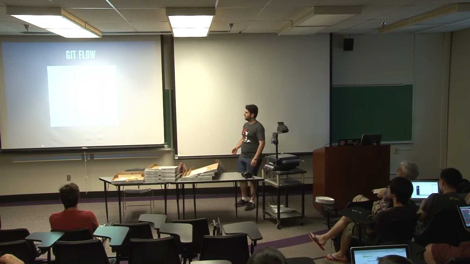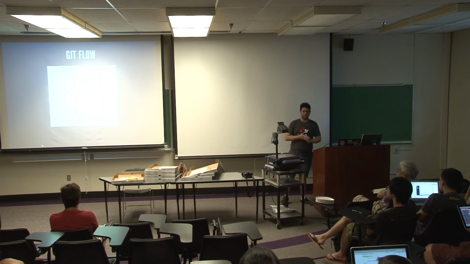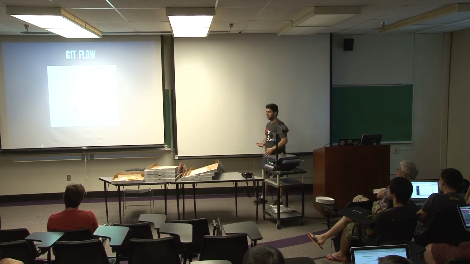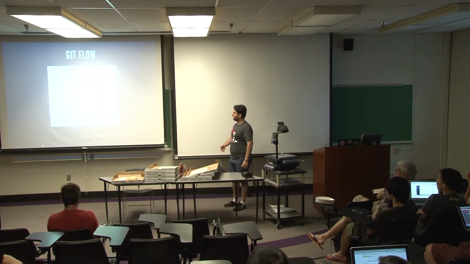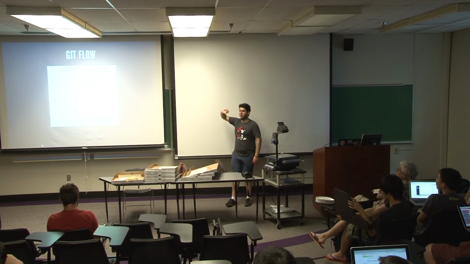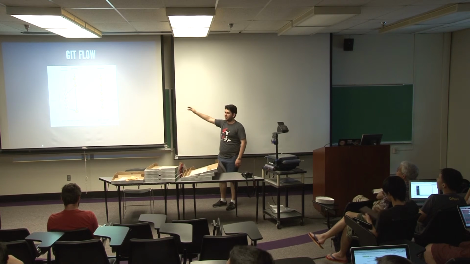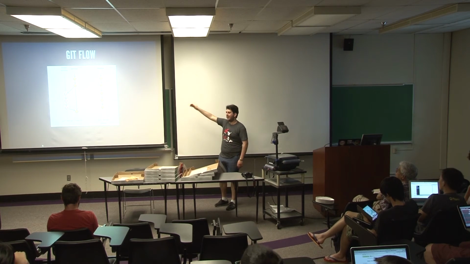One other thing that Git Flow does is it likes to keep track of what's on every branch. So let's just say you do something on a feature branch very quickly, right? No one else has a chance to do anything on the develop branch. So what'll happen is Git will try and fast forward.